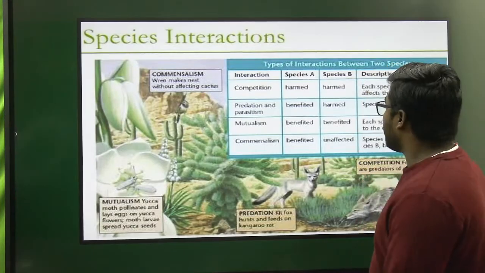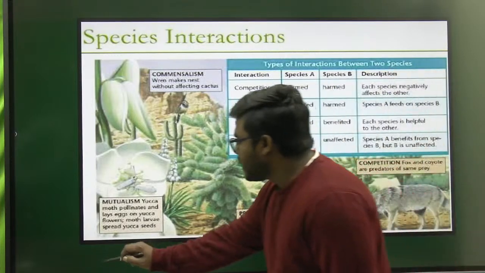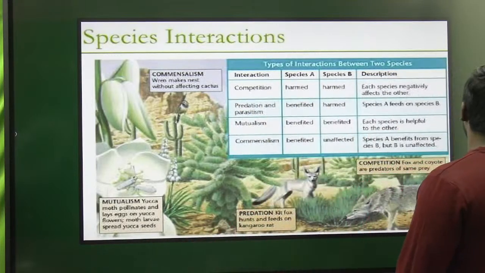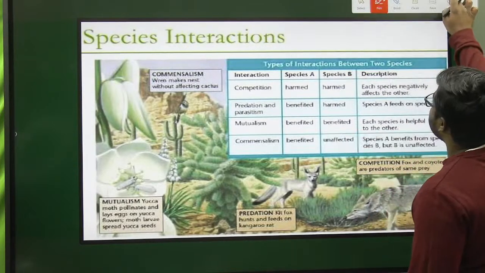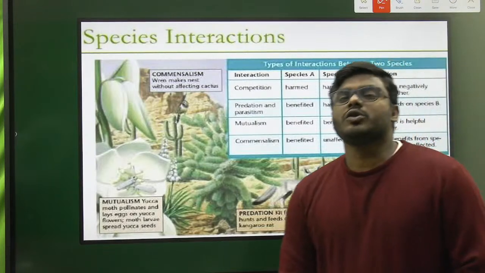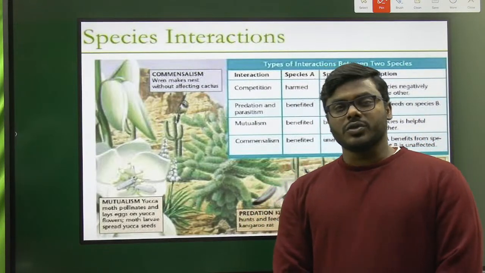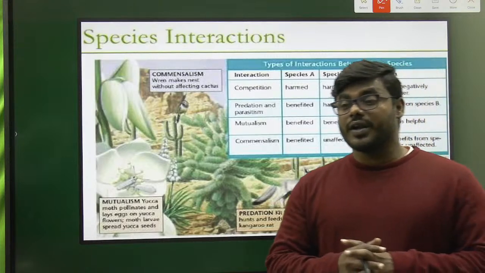Next. Now look into this. I have kept some good examples here. Mutualism: what we discussed about mutualism, where both organisms are going to get benefited.